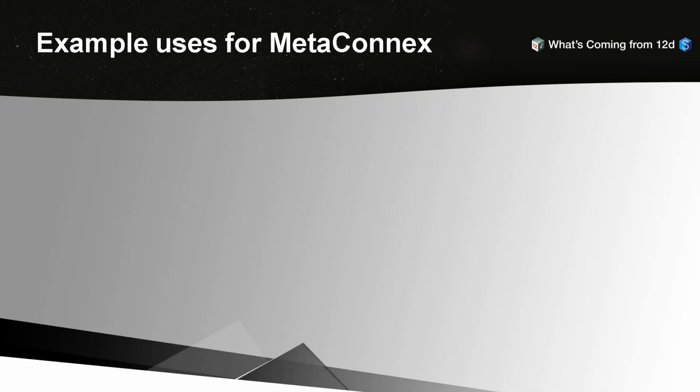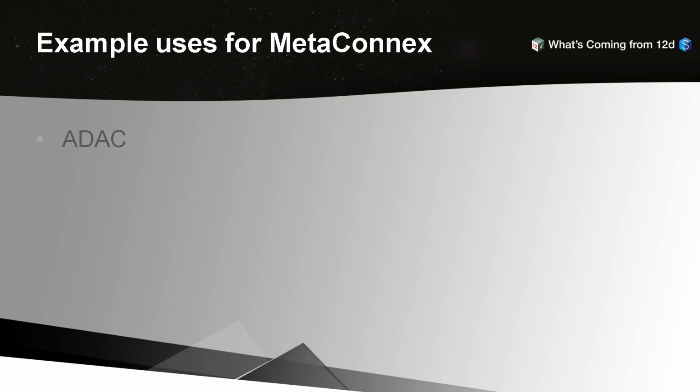So let's have a look at some example uses for MetaConnex. Today we're just going to have a quick look at use with ADAC. Now this system has been used fairly heavily with ADAC by a few beta testers, and they're finding it extremely successful.